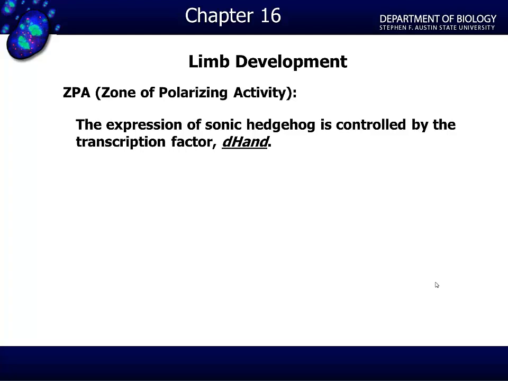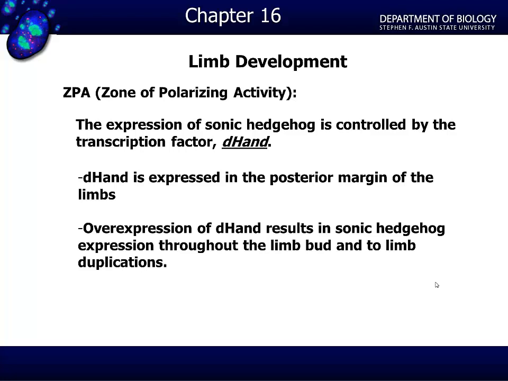Now, as we continue to look for potential morphogens in the ZPA, we can also see that in addition to sonic hedgehog, the transcription factor DHAND is produced. DHAND is also going to be expressed in that posterior marginal zone. DHAND controls the expression of sonic hedgehog.